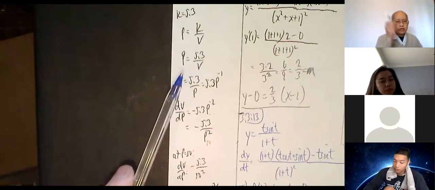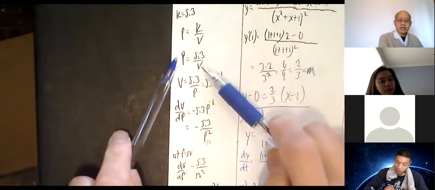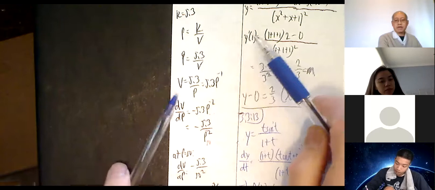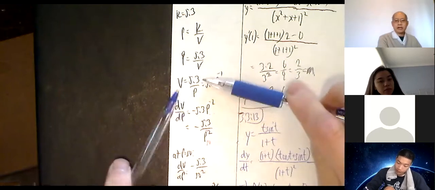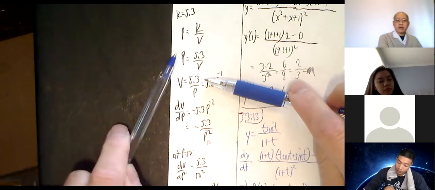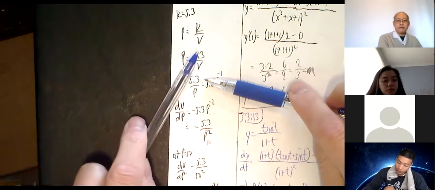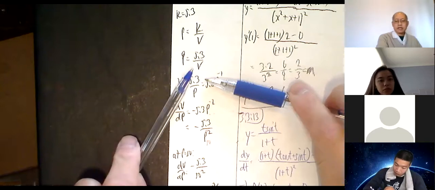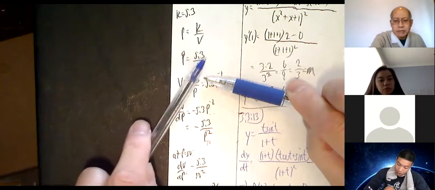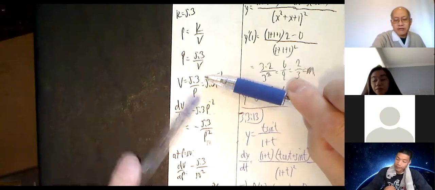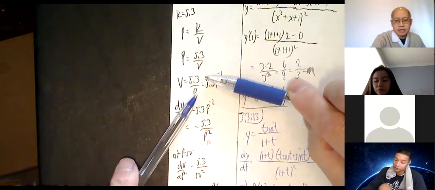I'm not sure if you've seen this shortcut before, but when you have an equation like this, you can simply just reverse them. Put the V here and the P here. Have you ever seen something like that? Okay. If you haven't, now you've learned it. Okay, so if you have something like this, P equals 5.3 over V, you're allowed to just reverse these two. Okay. The logic is if you multiply both sides by V, you have PV equals 5.3, and then just divide both sides by P. It looks like this.